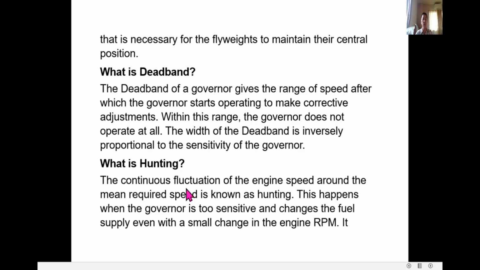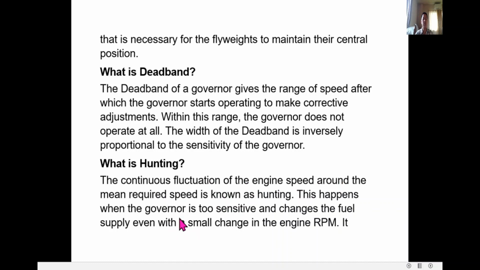So here also, what is hunting? For example, if there is air in the system of the governor, it will cause hunting. Hunting is fluctuation. Fluctuation of the engine speed around the mean required speed is known as hunting.